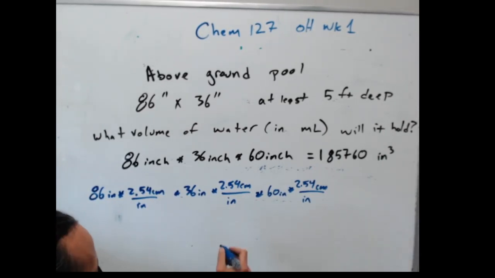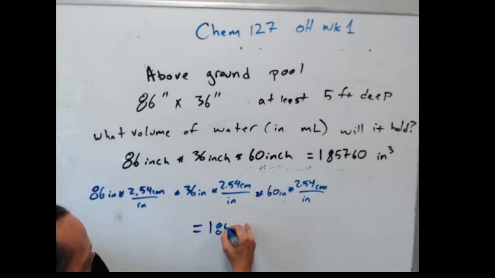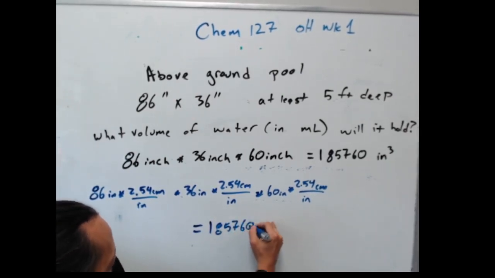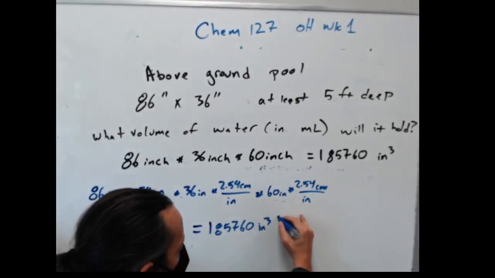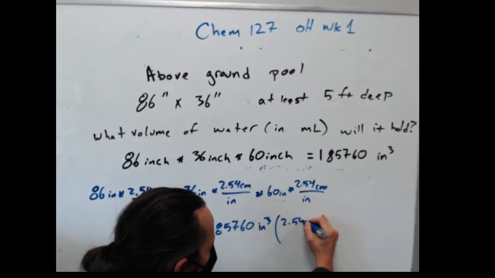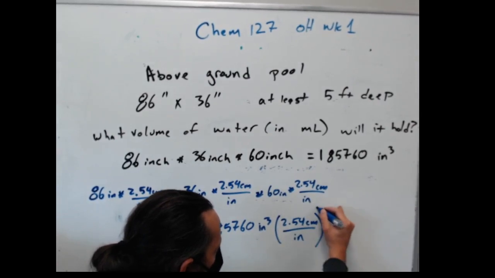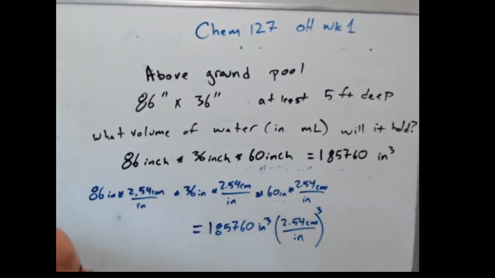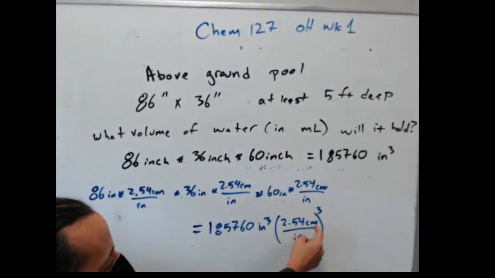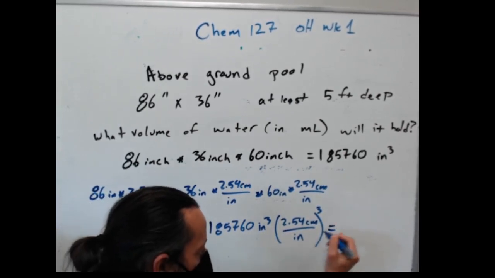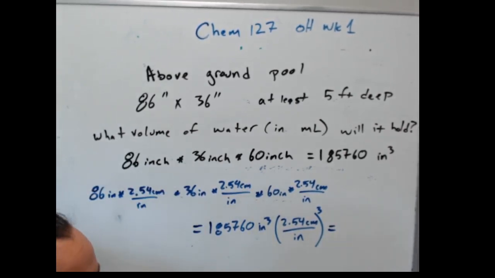So this gets us to the other way to do it, which is 185,760 inches cubed times 2.54 centimeters per inch, cubed. I have to cube that number, that unit, and that unit. That should get me my total volume in milliliters.